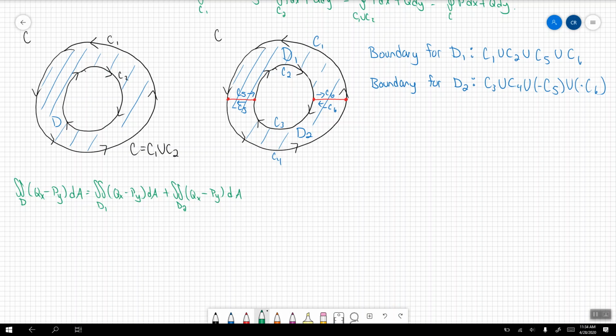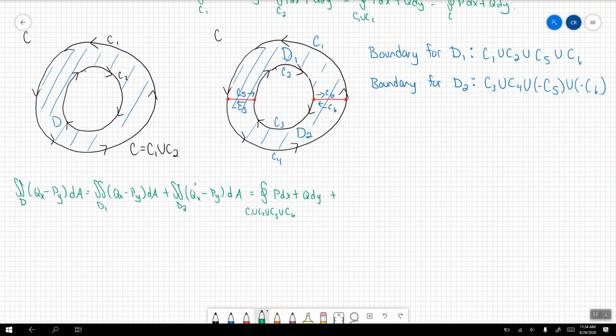But now if you look at the boundaries that we listed right up here for those two regions, for the first domain that's going to give us the line integral for C1 union C2 union C5 union C6 of P dx plus Q dy.